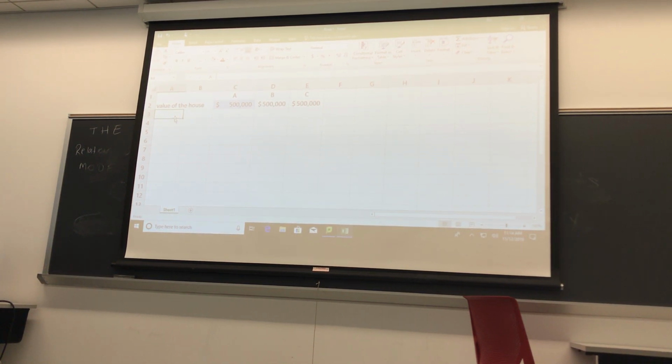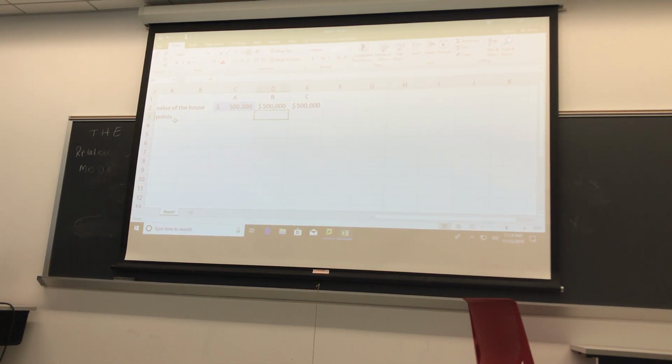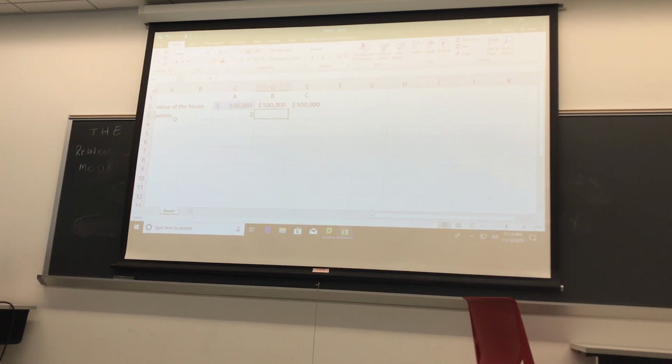If you want to get a loan, the bank charges you points. Bank A is charging you how much, Kenya? 2%. Charge you 2 points.